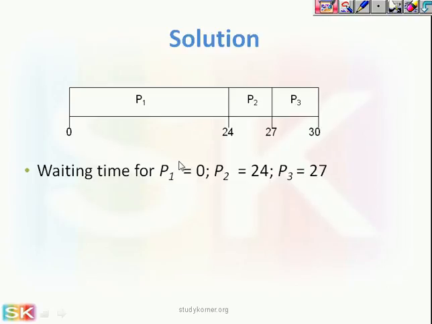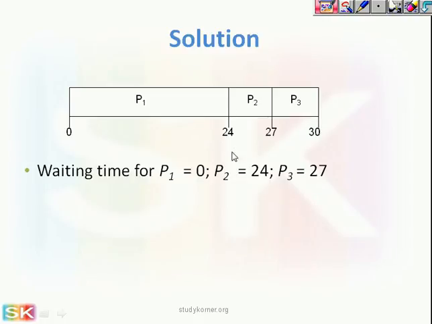So the waiting time for P1 is 0 because it arrived at time 0 and it got the CPU at time 0 only. P2 was also submitted at time almost 0, and it is allocated the CPU at the 24th second.